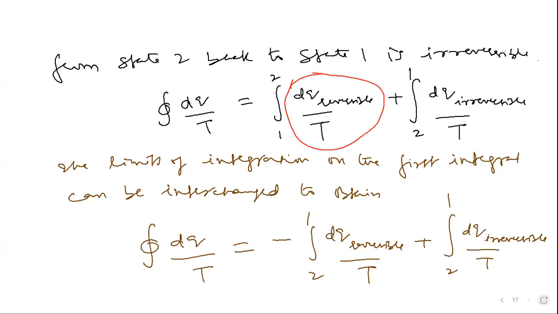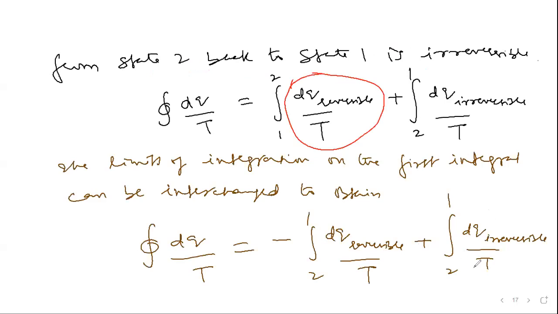Now, because dq reversible is greater than dq irreversible, right? That means what?